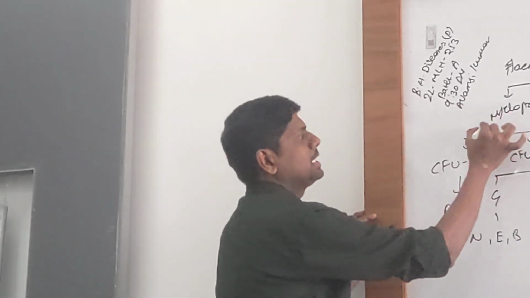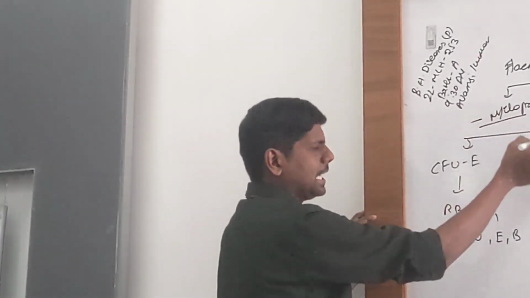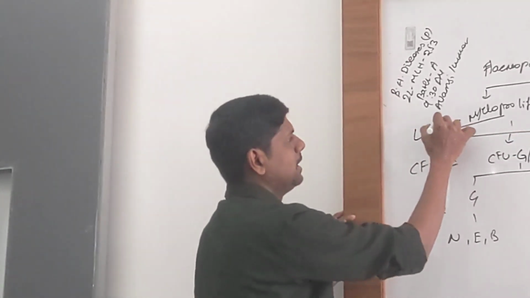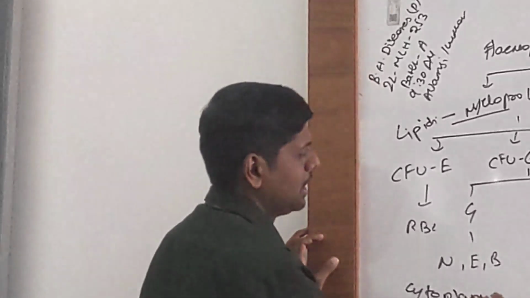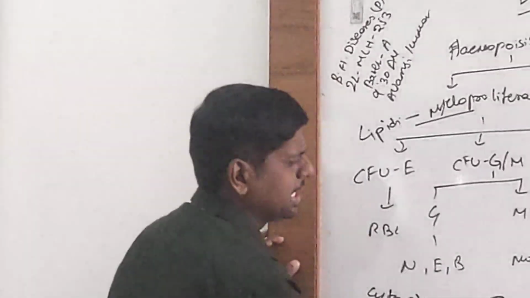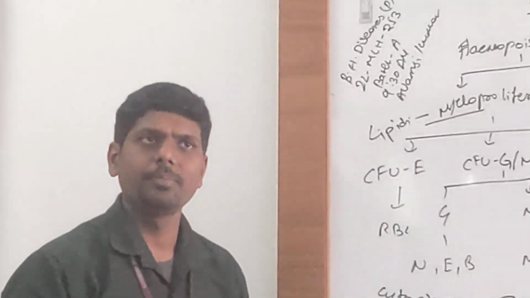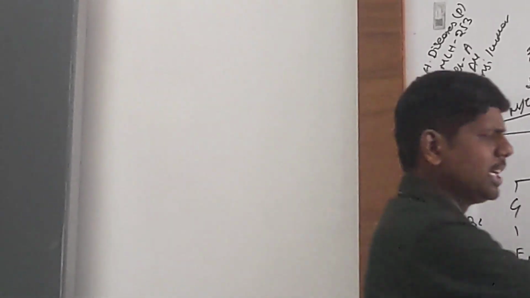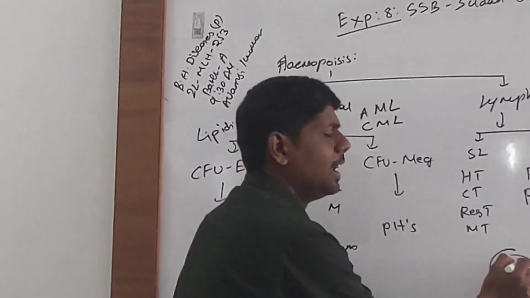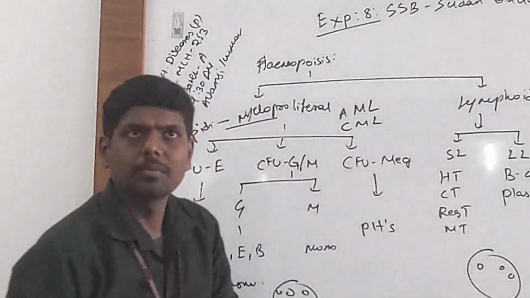The conclusion is myelo cells have lipids in their cytoplasm. Some lipid bodies are present in the cytoplasm of the myeloproliferative cells, whereas lymphocytes don't have such lipid globules.